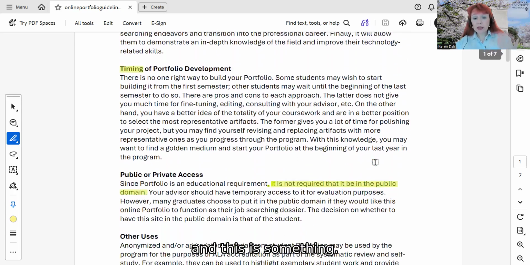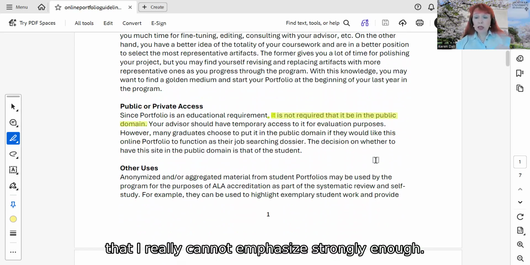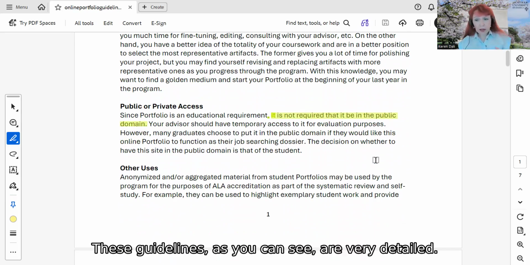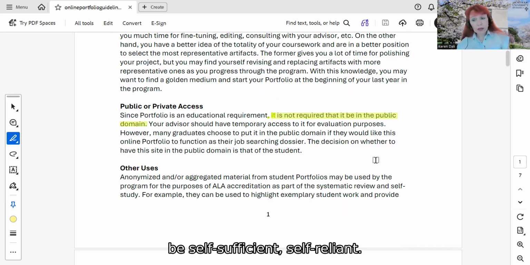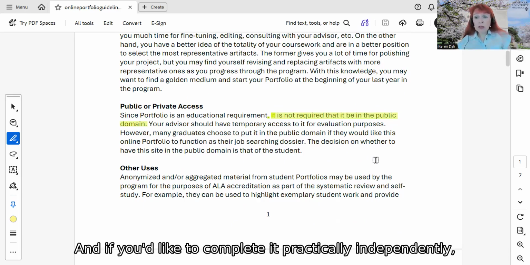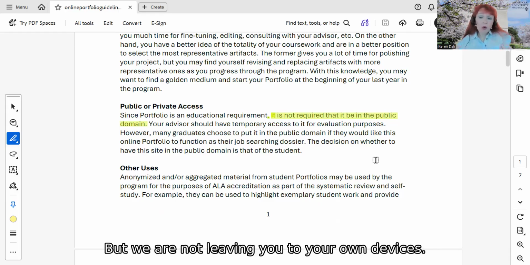And this is something that I really cannot emphasize strongly enough. These guidelines, as you can see, are very detailed. And that is because we would like you to be self-sufficient, self-reliant. And if you'd like to complete it practically independently, you certainly can, but we are not leaving you to your own devices.